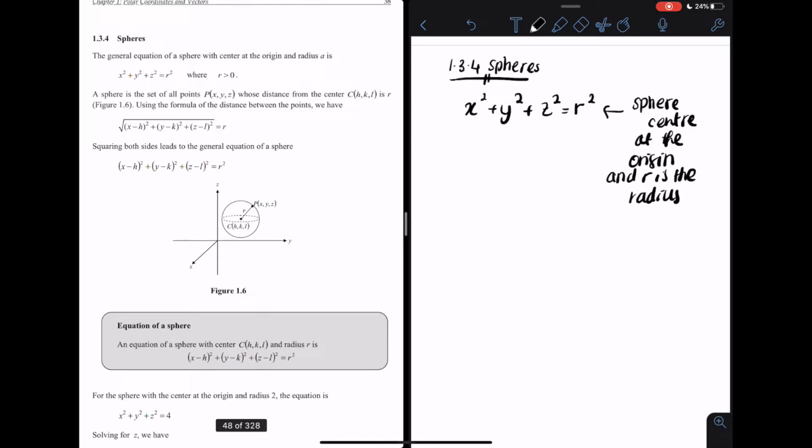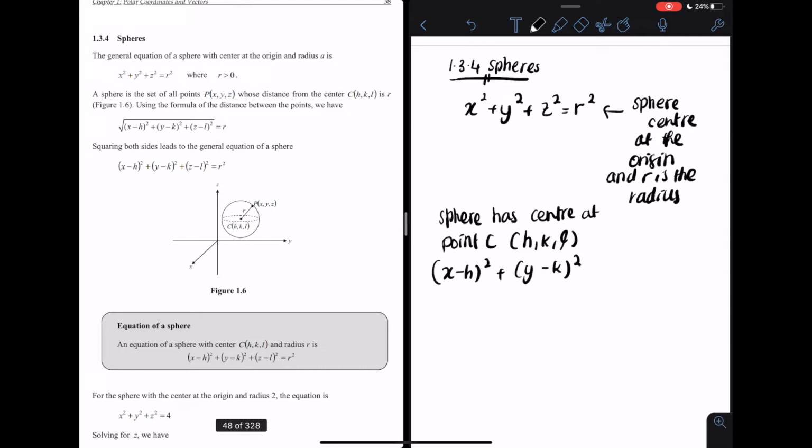So if a sphere has its center at point C consisting of coordinates H, K, L, the equation is given as x minus H squared plus y minus K squared plus z minus L squared is equal to r squared.